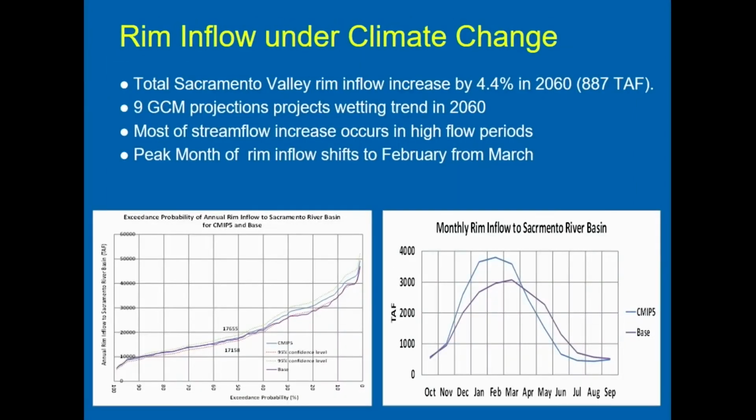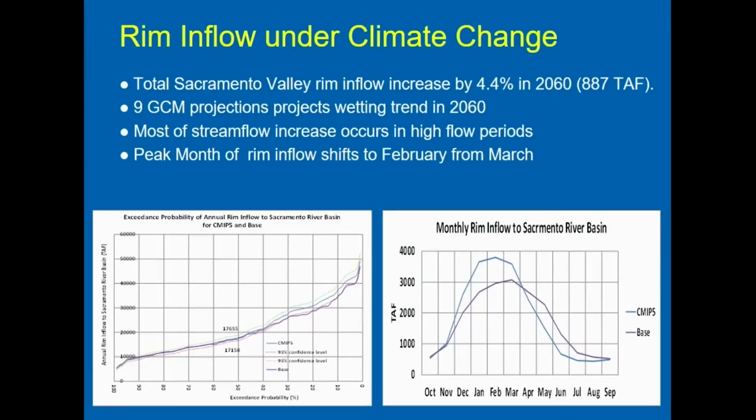Okay. So you can see the left panel is annual inflow to the Sacramento River Basin rim inflow. The purple line is base, I mean without climate change. The blue line is climate change in the middle of century, and the dashed line is the 95% confidence level. So you can see the inflows increase, especially in the high flow period.